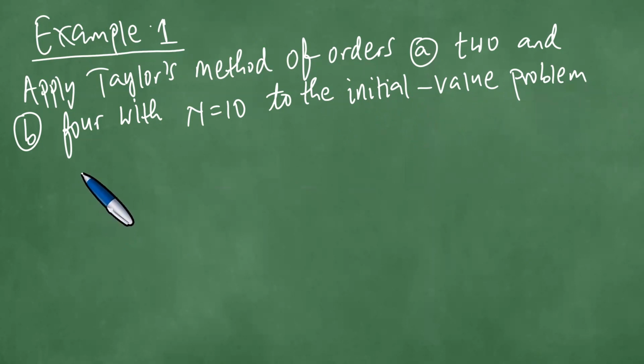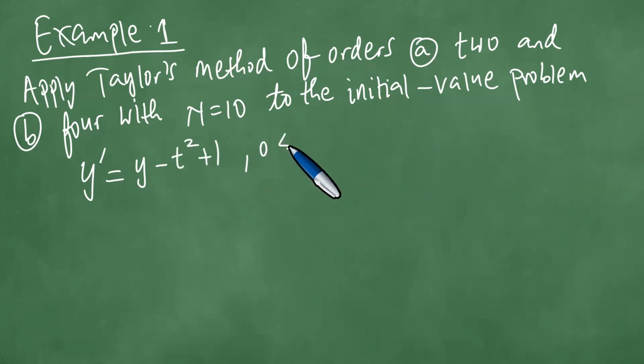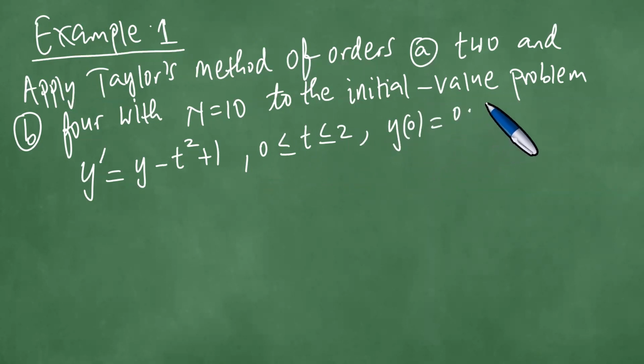This is an example. It's an initial value problem: the first derivative y prime is y minus t squared plus 1, with t between 0 and 2 inclusive, and y(0) is 0.5.